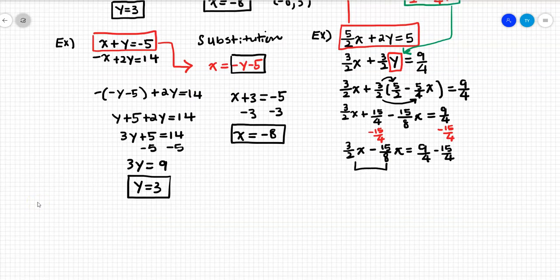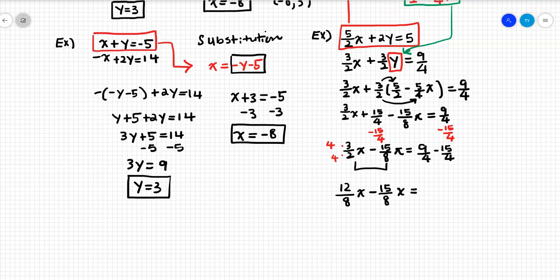If I combine these two, the common denominator is going to be 8. So I'm going to multiply the first one by 4 at the bottom, and I'm going to do the same thing on top. So that means I have 12 over 8x minus 15 over 8x.